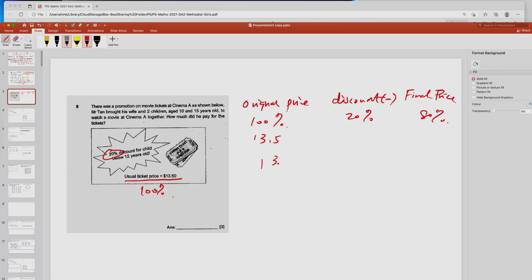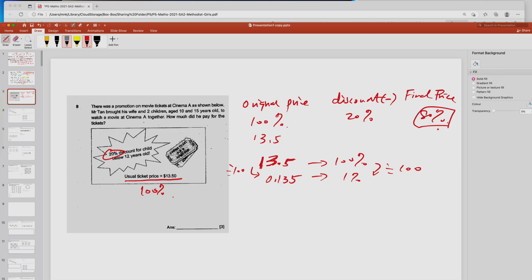So now the original price is 13.5. 13.5 is your 100%. So 1% is how much? Over here you divide by 100, so this one also must divide by 100. So what's this 1%? It's 13.5 divided by 100, which is 0.135.